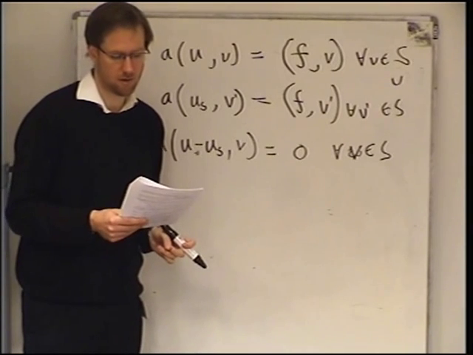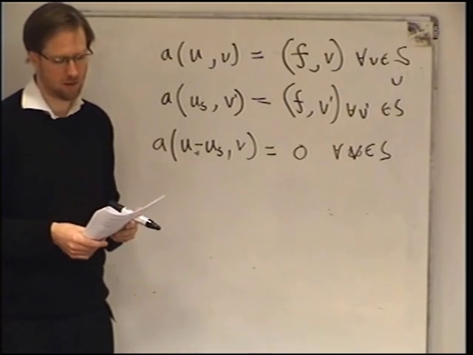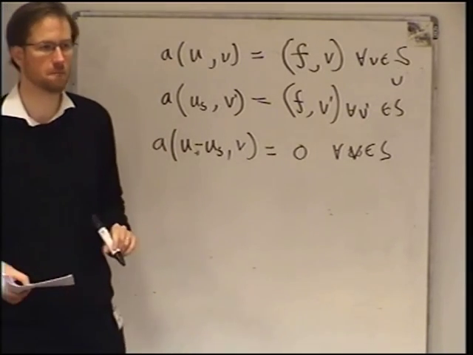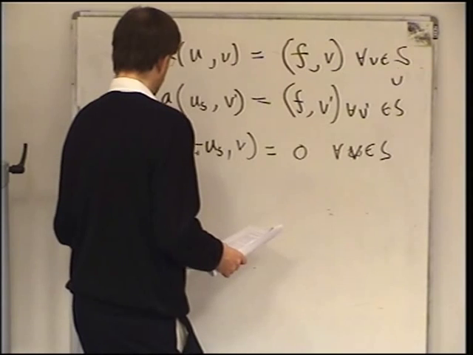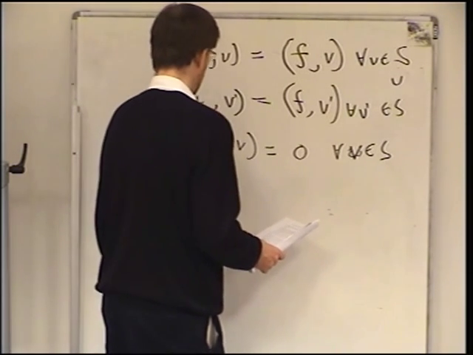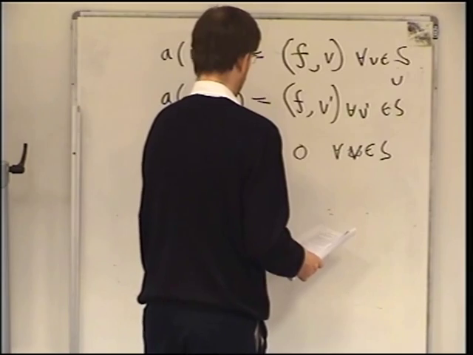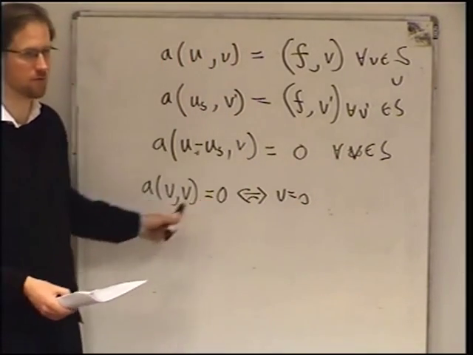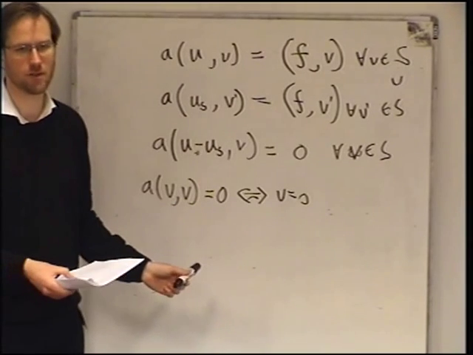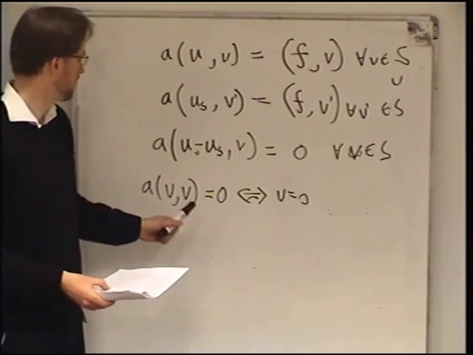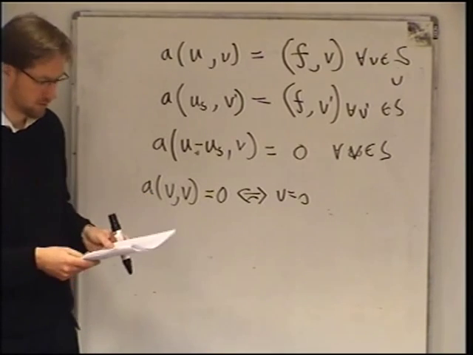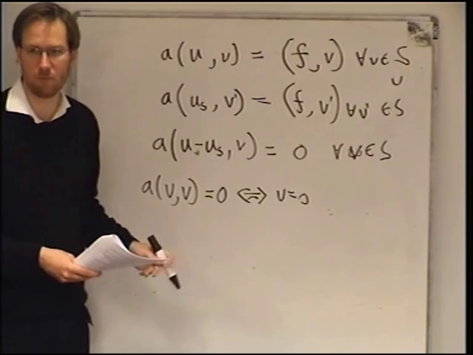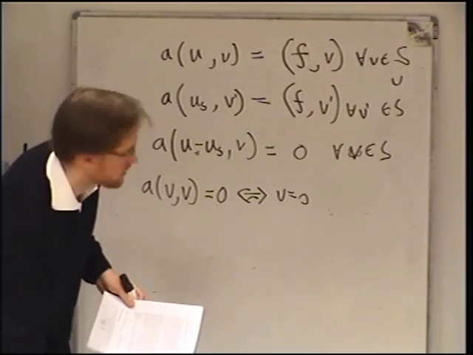And for a sufficiently well-behaved class of functions, as we just argued earlier, A(v, v) equals 0 is equivalent to v equals 0, right? So if we restrict ourselves to functions whose derivatives are in some sense well-behaved, what this is saying is that when I integrate the square of the derivative, then the function is 0. So that's the argument we use for uniqueness. So that property of an inner product is satisfied.